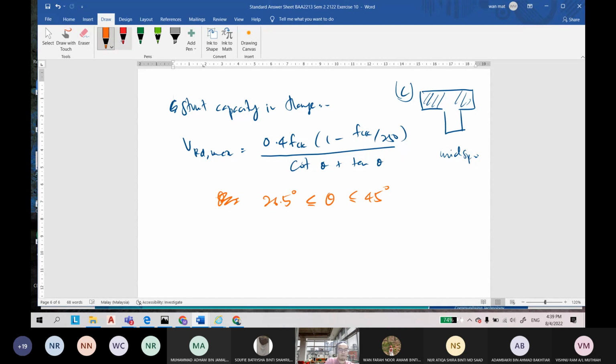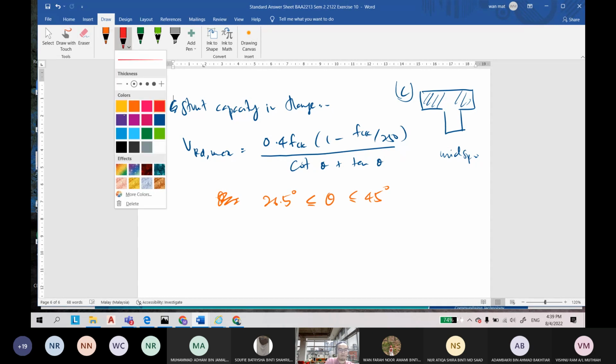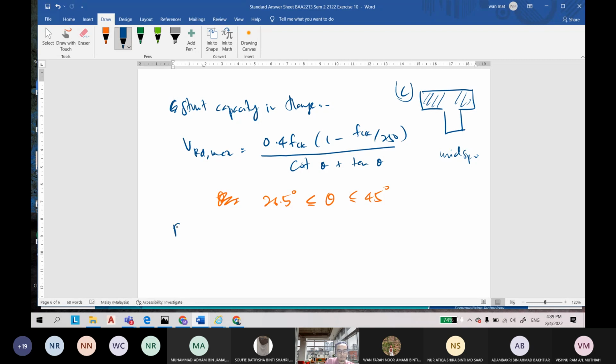So we check for theta equal to 26.5 degree, cotangent theta is equal to 2.0 and tangent theta is equal to 0.5.